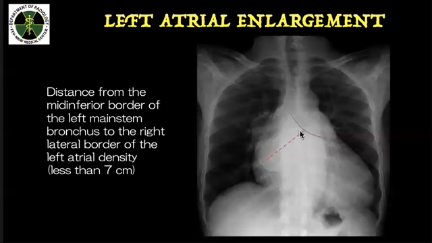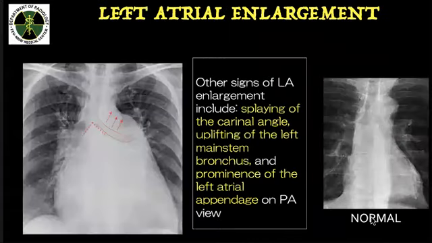Here again, the distance from the mid-inferior border of the left main stem bronchus. So this is your right main stem, the left main stem. This is the inferior border of the left main stem bronchus to the right lateral border of the left atrial density. So this is your left atrial enlargement. Other signs of left atrial enlargement include splaying of the carinal angle.